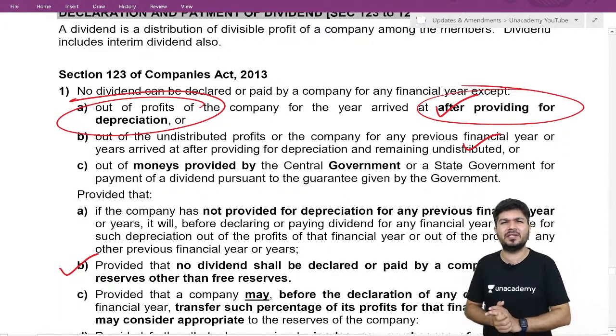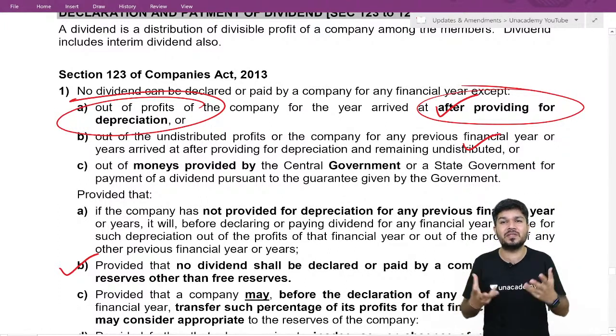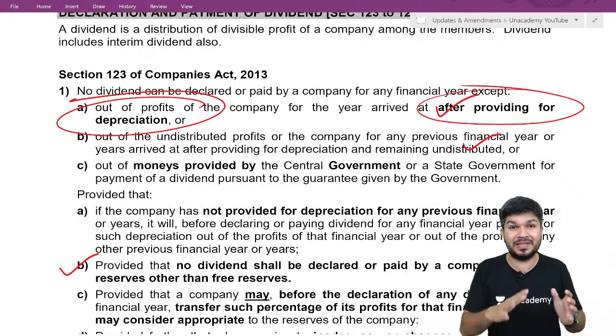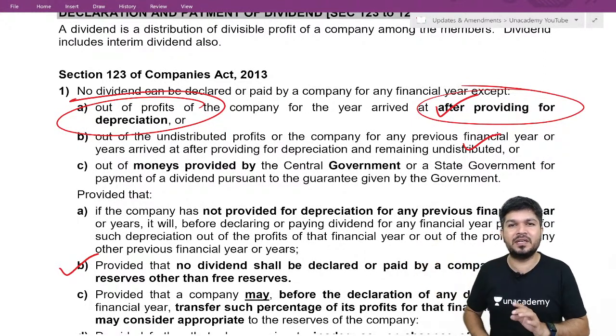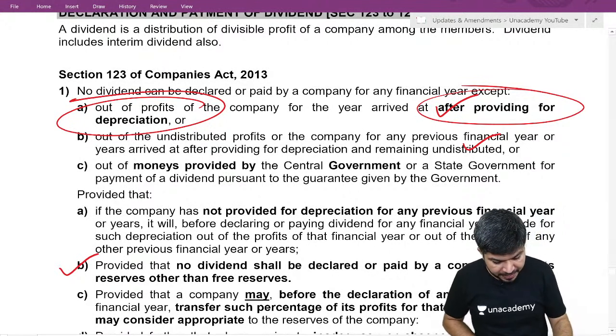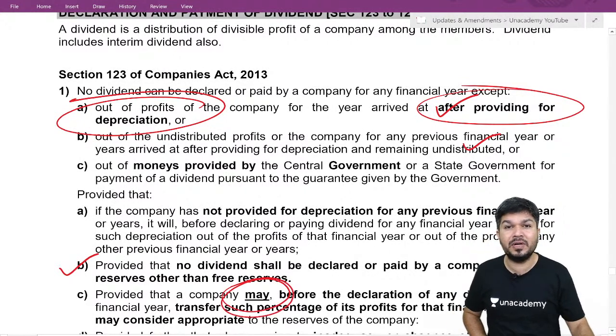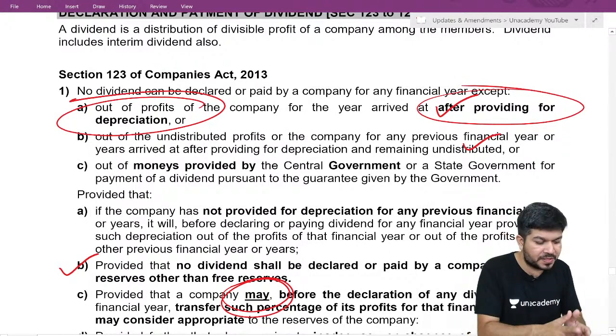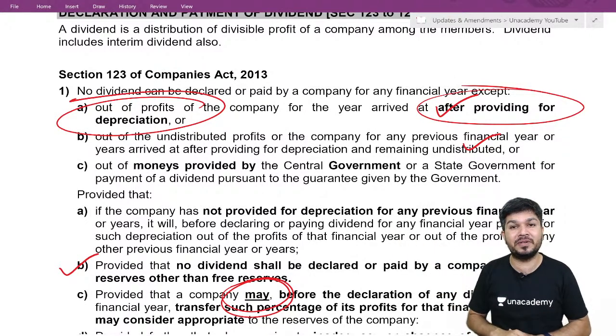Before declaring dividend, do I need to transfer anything to some reserve? Like, do I need to transfer a profit to general reserve and then the balance I can use for dividend? So they say you may. Before declaring dividend, you may transfer a part of your profit to some reserve and then declare the balance profit as dividend.